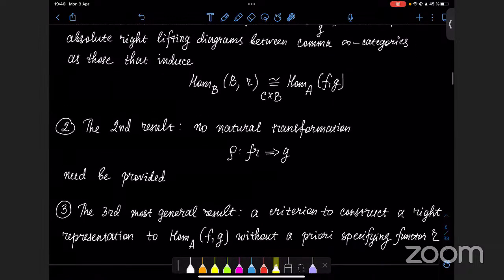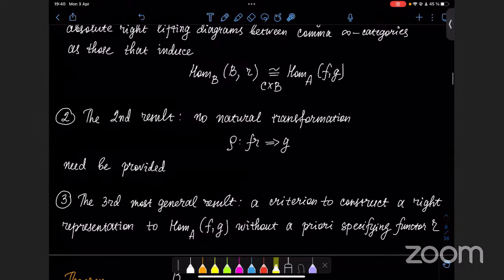And the last statement is about a criterion to construct a right representation for any concrete hom objects. So if you have some hom objects, you can give an appropriate object which represents this hom object.